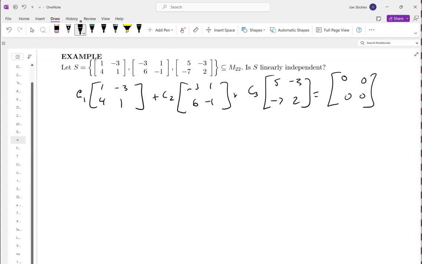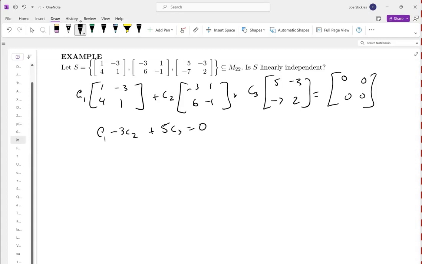You're going to get an equation for every single entry. Tell me one of them. C1 minus 3C2 plus 5C3 equals 0, right?